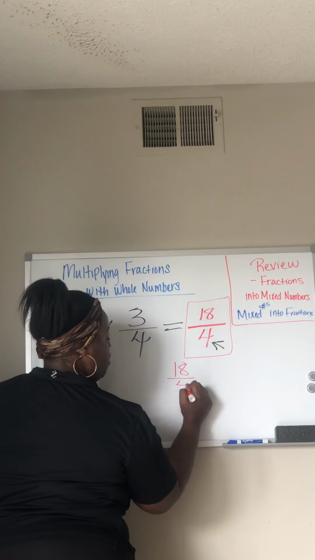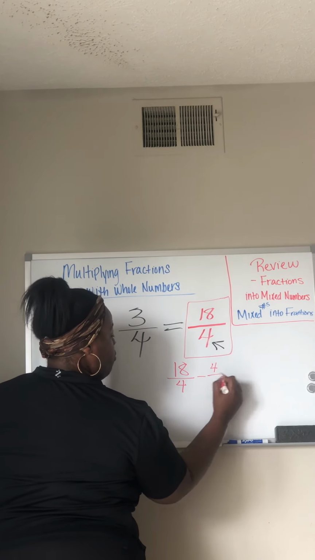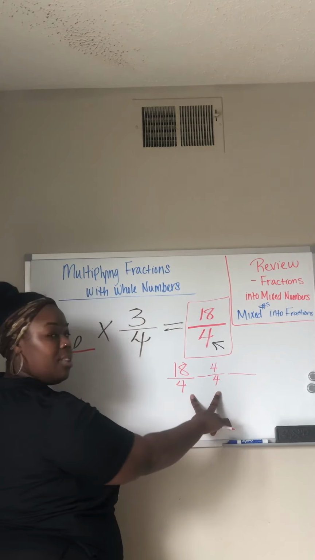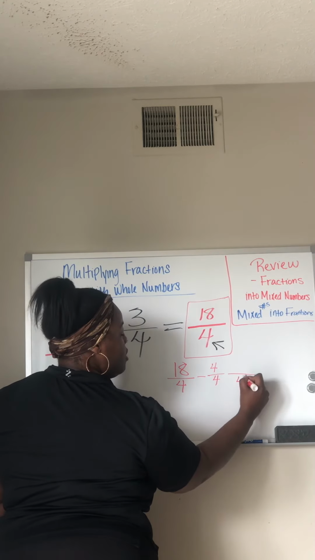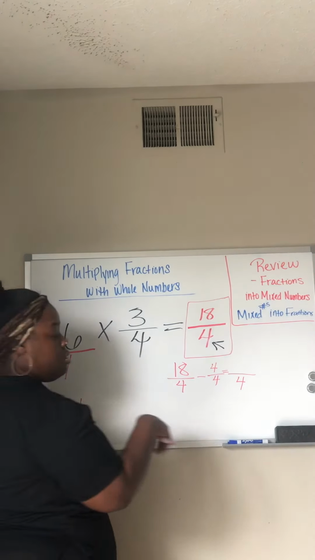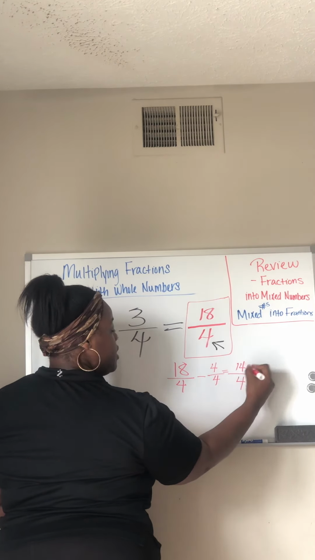From 18 over 4, we're going to take away 4 over 4. When the denominators are the same, we keep the denominator the same in the answer. We're going to subtract straight across. 18 minus 4 is 14.